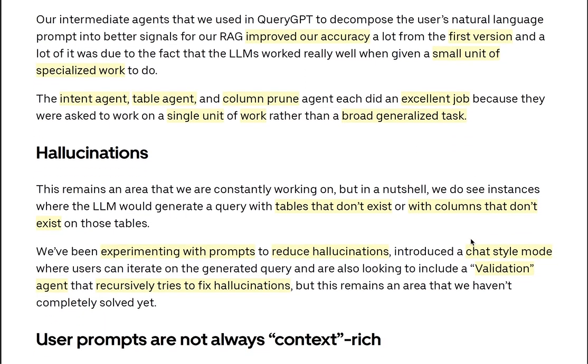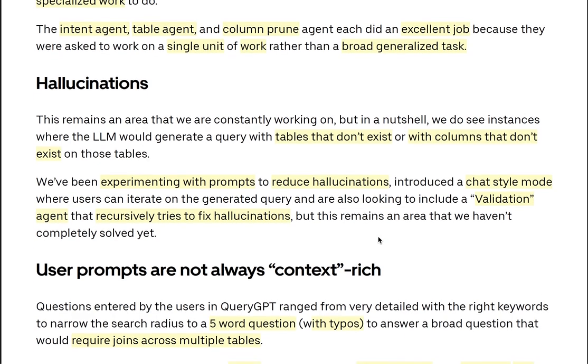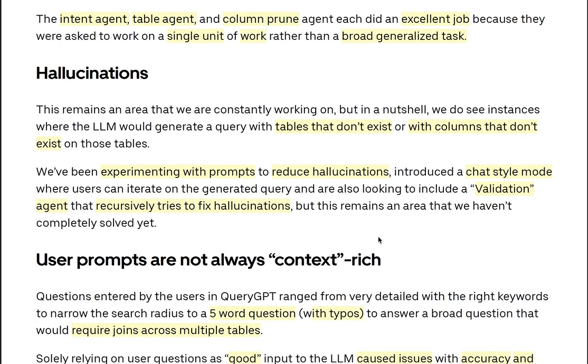Obviously, the LLM was also giving hallucinations, wherein it was giving outputs for tables which didn't exist at all or columns which didn't exist. So they tried to reduce these hallucinations by making a validation agent also, but it was not concluded yet.